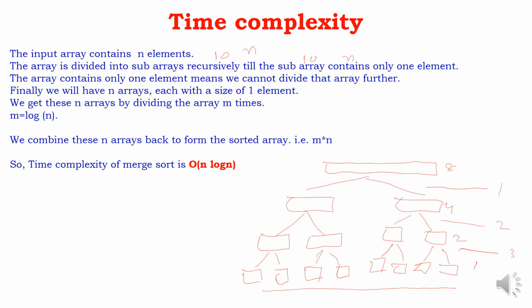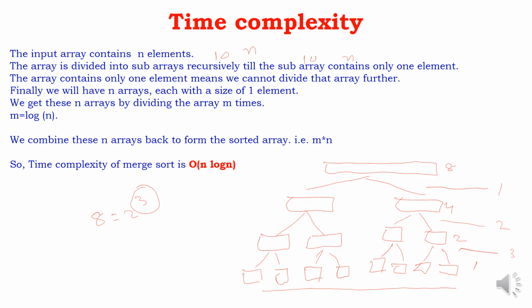Further, it is not possible to divide any subarray. 8 is nothing but 2 to the power 3. So 3 is the number of divisions that I can perform on an array.